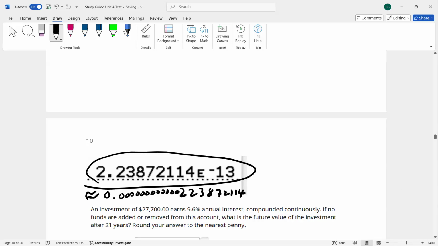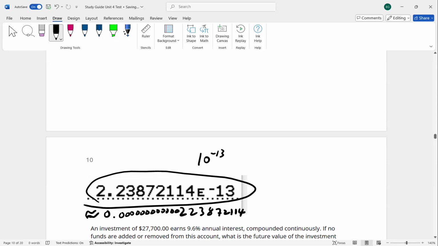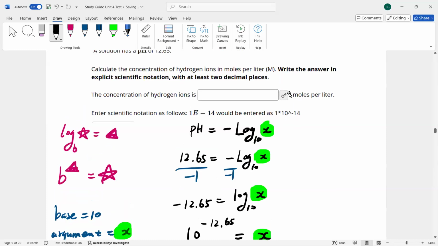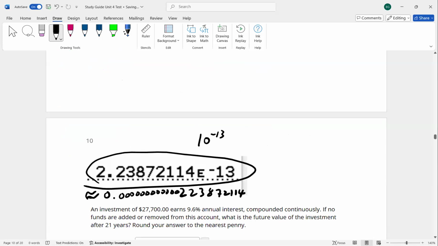The E to the power negative 13 actually means 10 to the power negative 13, okay? And then we want to round the decimal 2.23872114 to at least 2 decimal places. Then let's keep 2 decimal places. Let's do 2.24, because the 8 here is bigger than 5, we round it up, right? So 2.24 times 10 to the power negative 13.